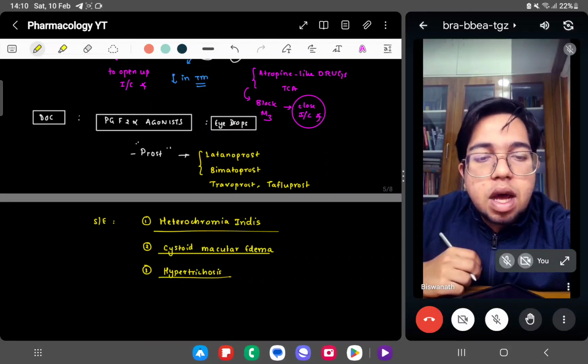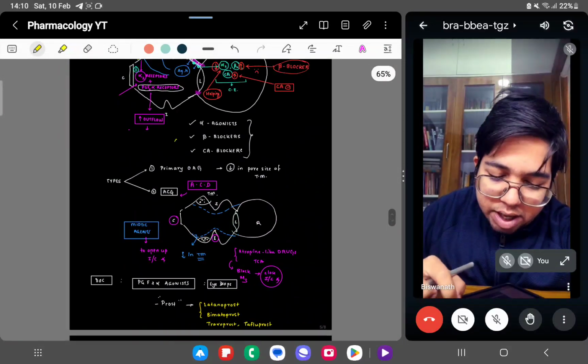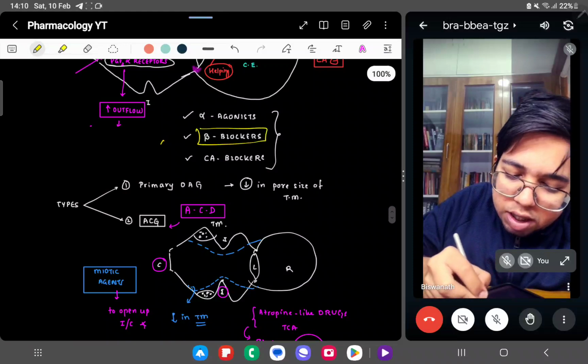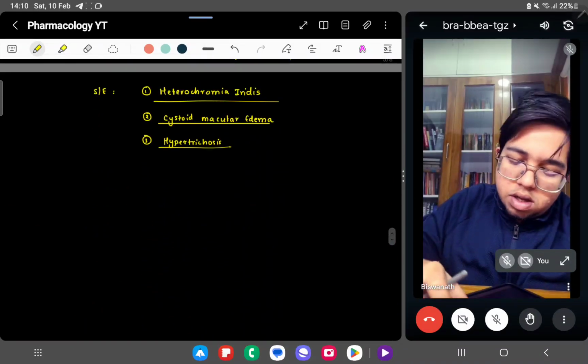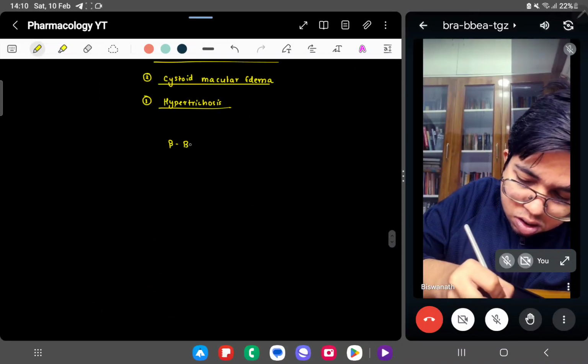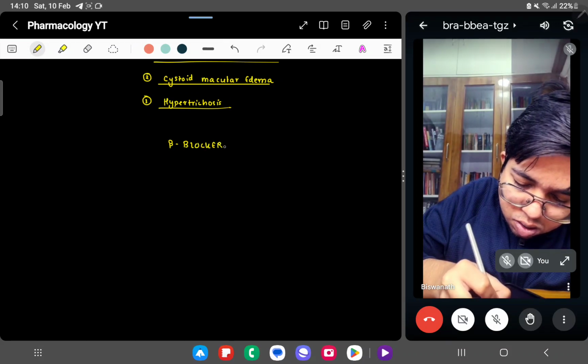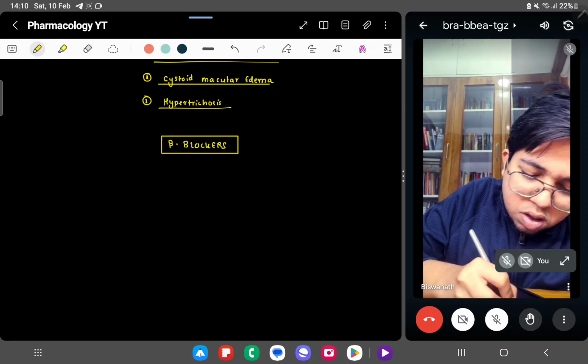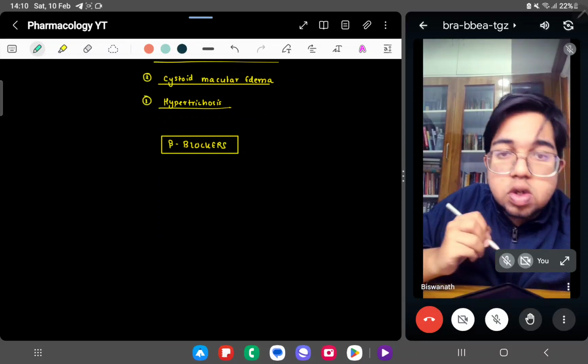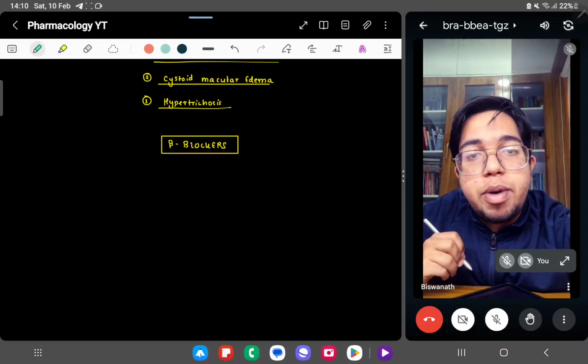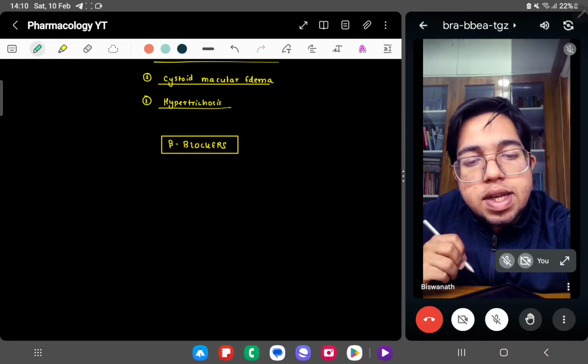Let's discuss our second type of drug, that is your beta blockers. So let's talk today about the beta blockers. What is the mechanism of action?